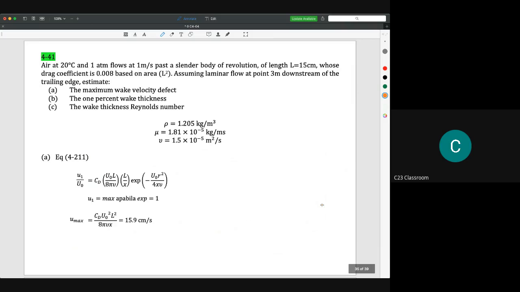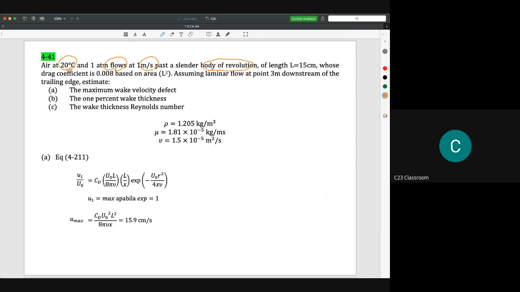Then this is the idea, and it is still the same. We have a 20 degrees Celsius, 1 atm flow at 1 meter per second, and a slender body of revolution. It means it is just some kind of revolved body, something like a sphere.